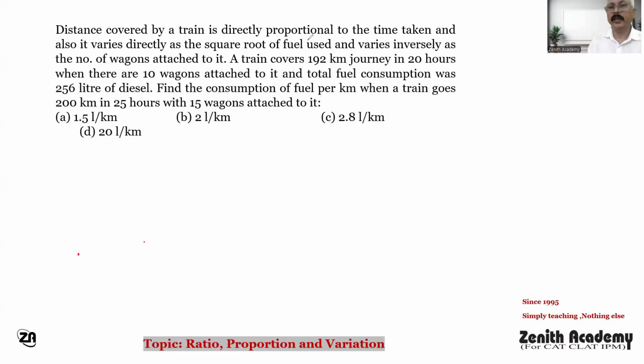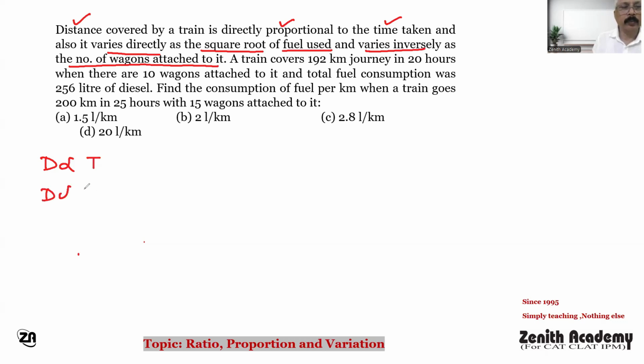Distance covered by a train is directly proportional to the time. Okay. And also it varies directly as the square root of fuel used and varies inversely as the number of wagons attached to it. So here the distance is directly proportional to the time.